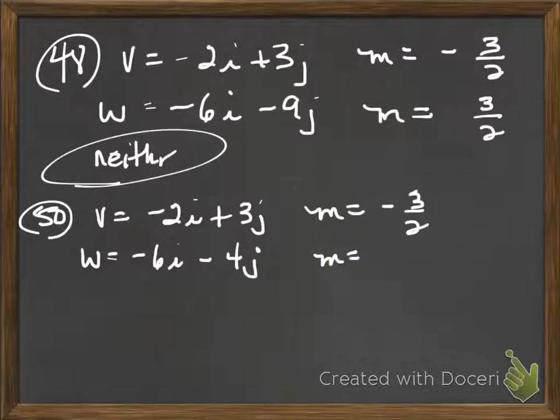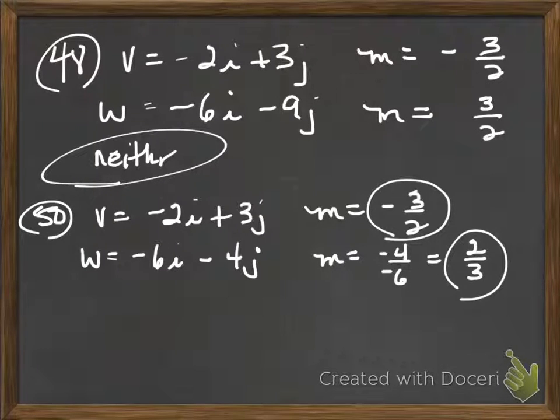So the slope of vector w would be negative 4 over negative 6, which reduces to positive 2/3. A negative 3/2 slope and a positive 2/3 slope are opposite reciprocals, so those two vectors would intersect to form a right angle, and in this section those are called orthogonal.